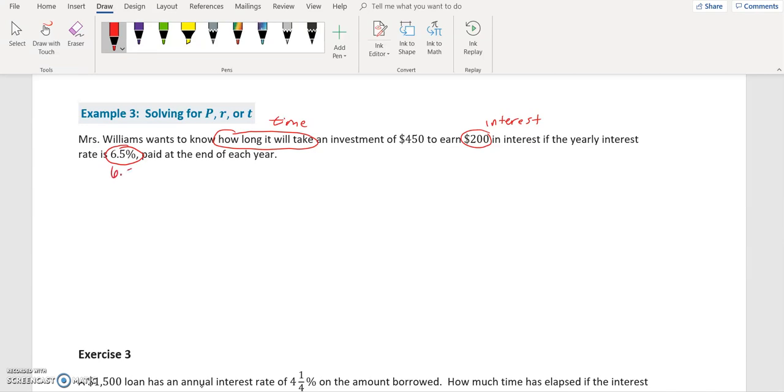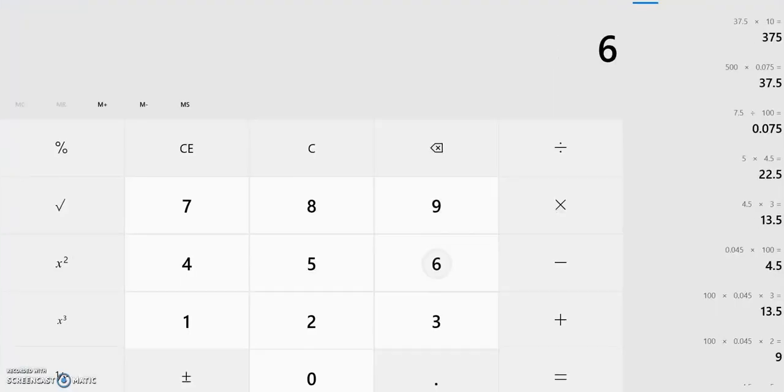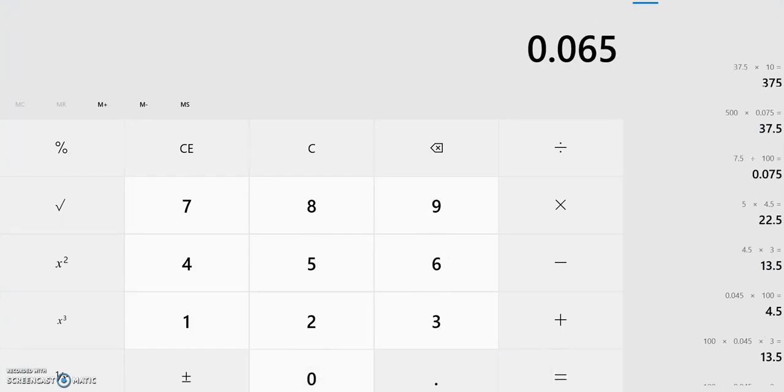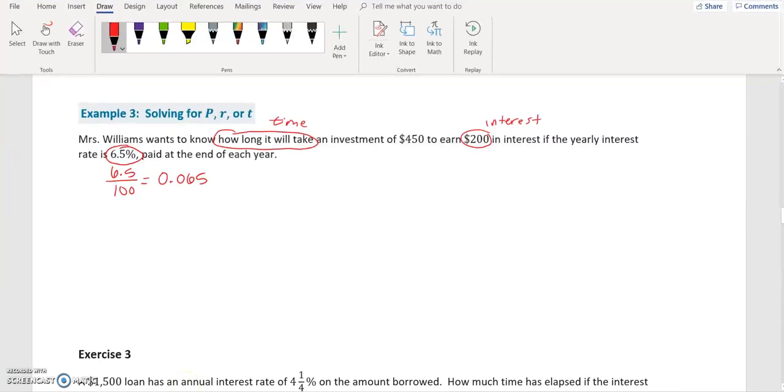Remember, percent always goes over 100, and so that gives me 0.065. The decimal is moving 2 places to the left every time, but I double check: 6.5 divided by 100 is 0.065, at the end of each year.